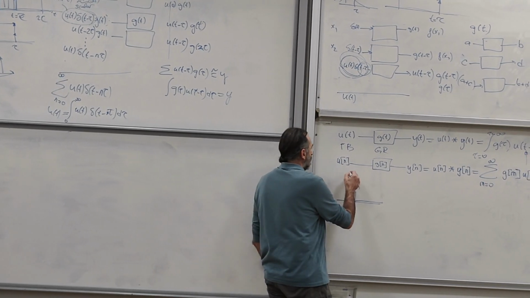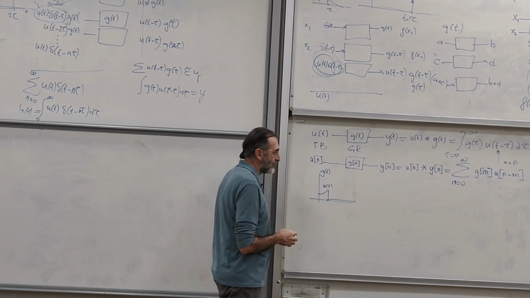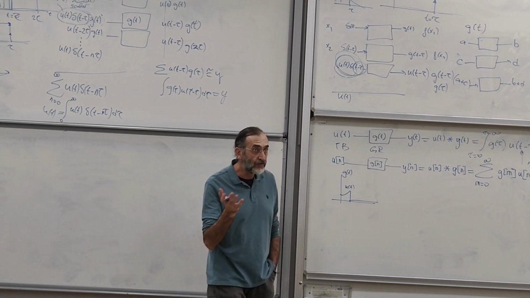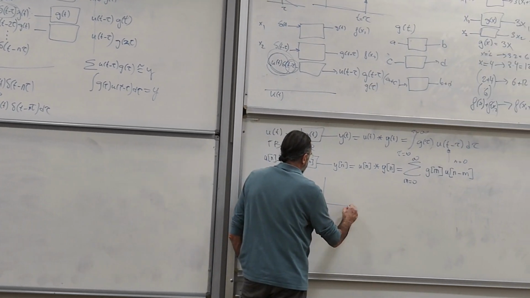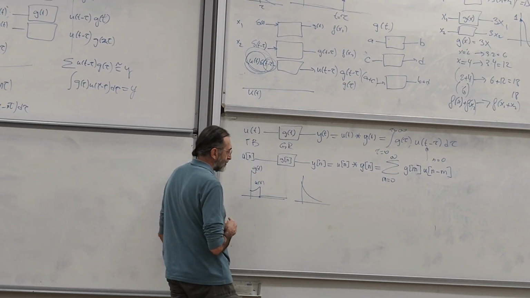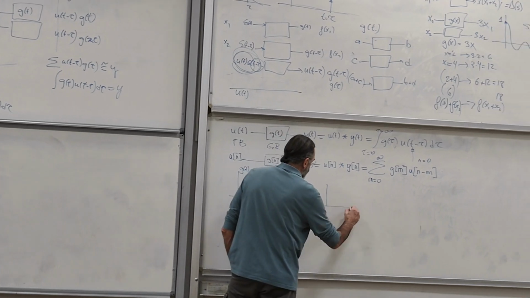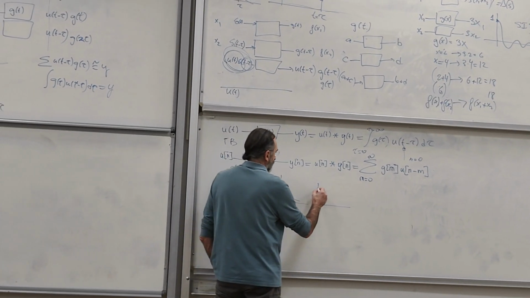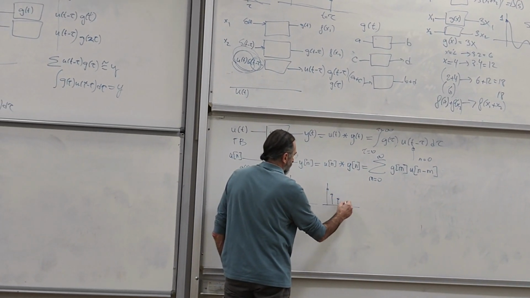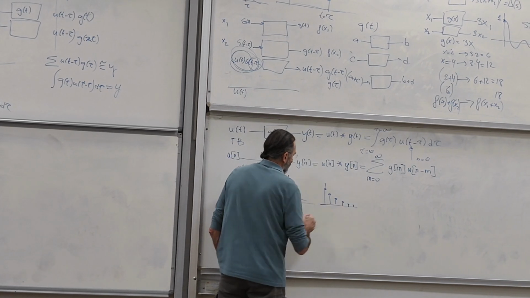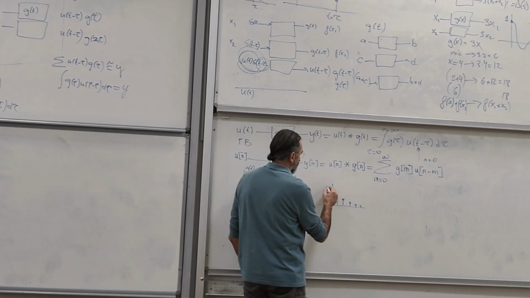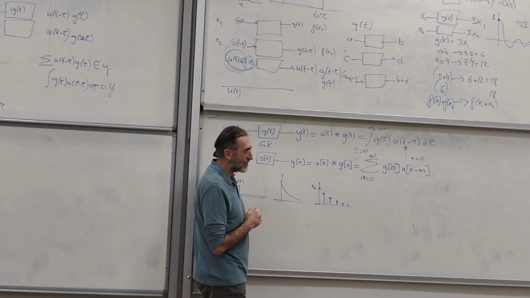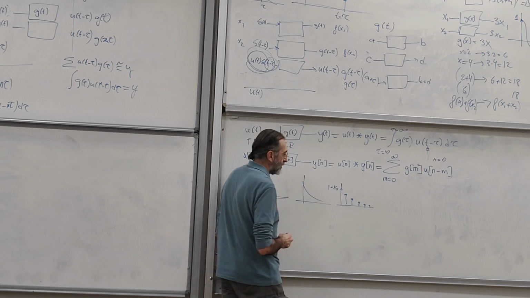Let's say this is your system, g of t. Just like it could be any signal, it could be any system. In discrete time, your system is going to look like this. For example, this is x0, and this is x1.